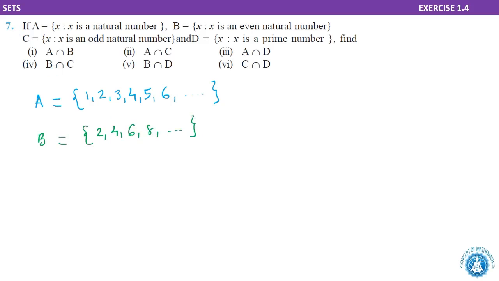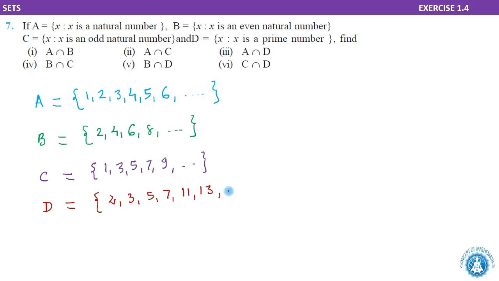And set C would be the odd natural numbers: 1, 3, 5, 7, 9 and so on. And set D would be the prime numbers. The least prime number is 2, then 3, 5, 7, 11, 13 and so on.